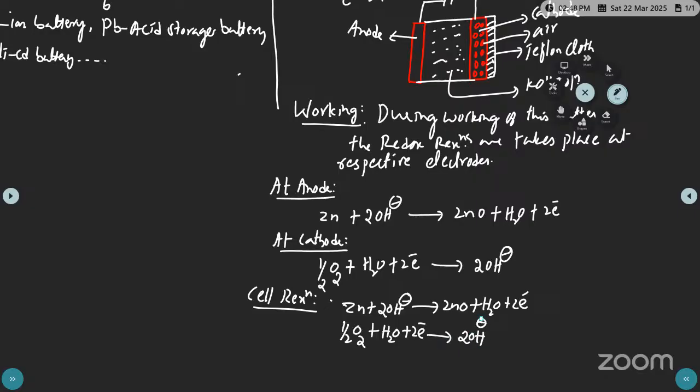If any are common, cut them. Here 2 electrons get cancelled, 2 OH minus ions get cancelled, and H2O gets cancelled. And remaining Zn plus half O2 gives rise to ZnO. So this is the total net reaction of the cell. Okay, ఈ battery యొక్క net reaction.